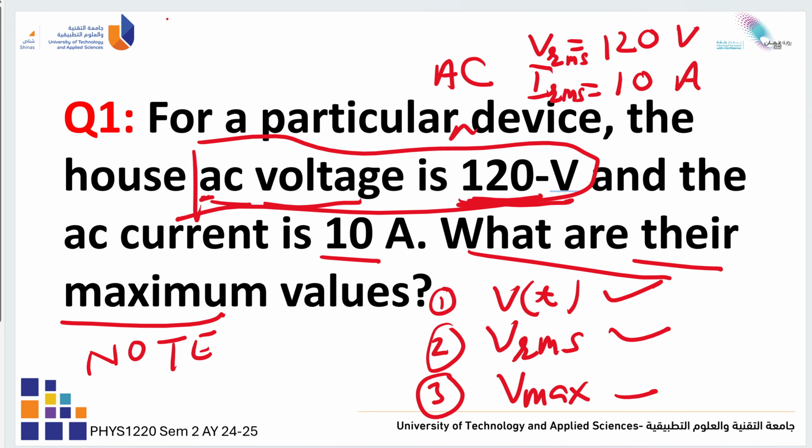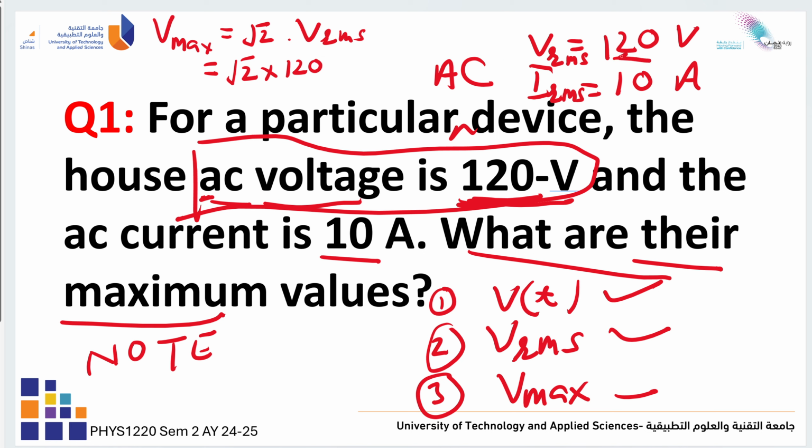So I will write the formula for the V maximum. V max is root 2 multiplied by V RMS. So this will be root 2 multiplied by 120 volt.